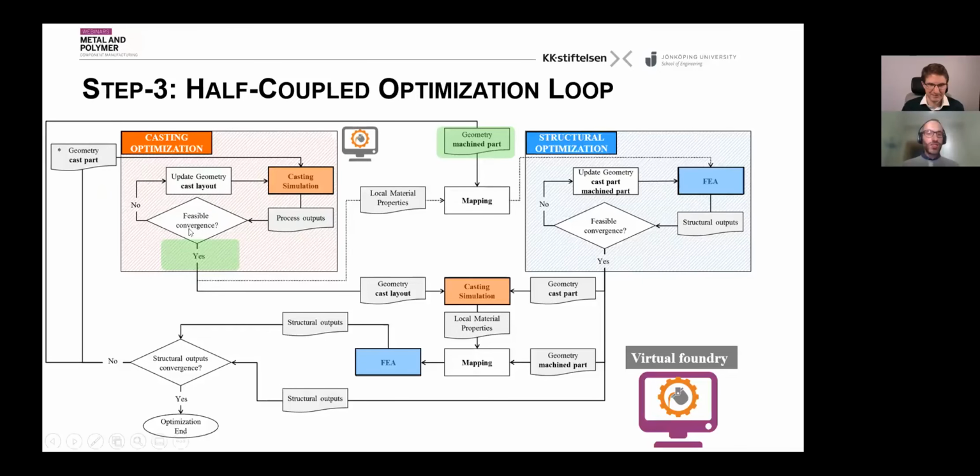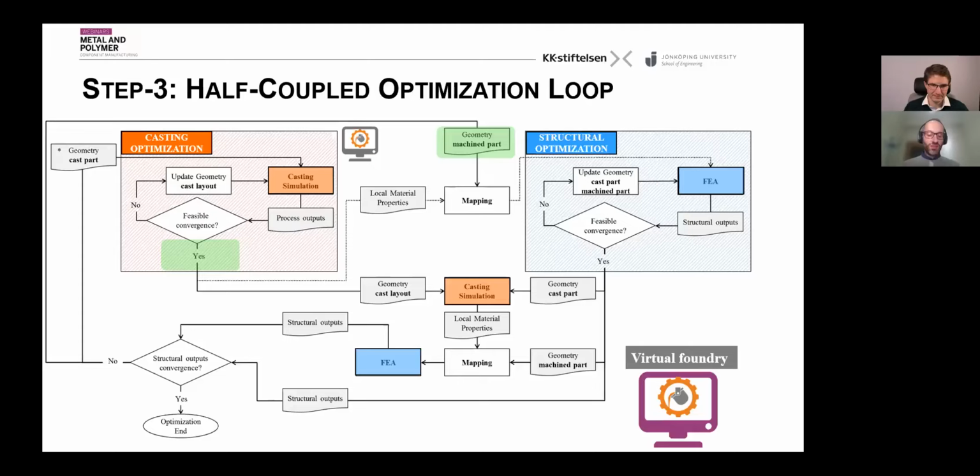So here you can see that there are two optimizations, the casting optimization and the structural optimization. They are half coupled because the variables of the casting process drive the casting optimization, while the variables of the structural process drive the structural optimization.